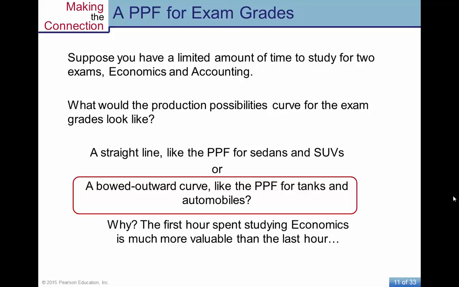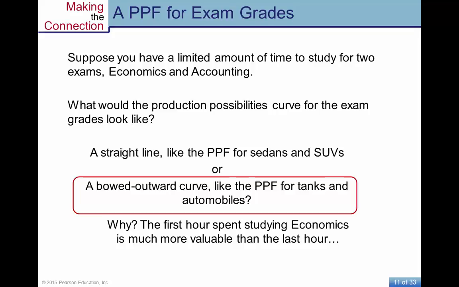A PPF for exam grades. Suppose you have a limited amount of time to study for two exams, economics and accounting. What would the production possibilities curve for the exam grades look like?